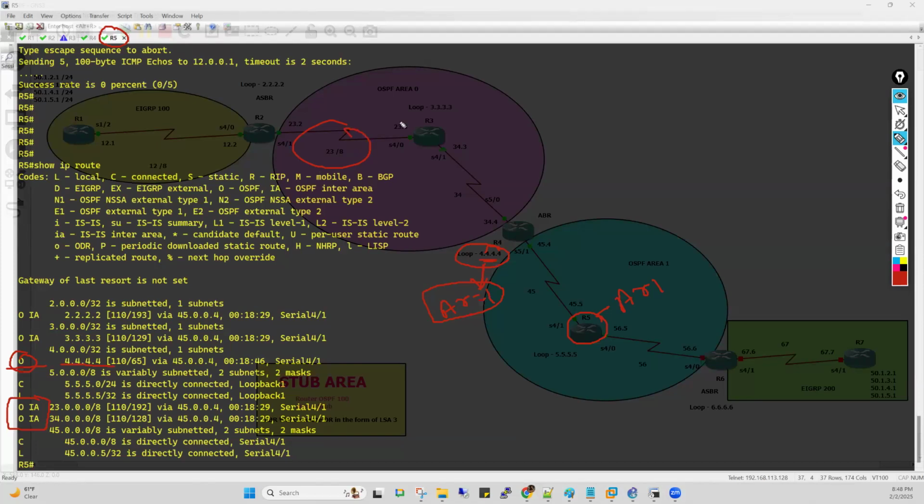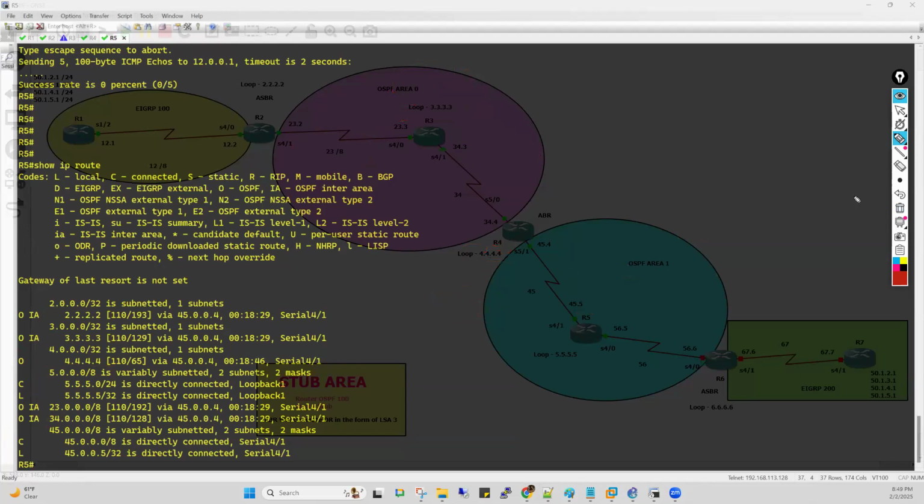This router is receiving the 23 network, and the 23 network is the part of which area? Area 0. So for this router, the 23 network is an external network. External network means different area network. Are you understanding? Yes or no? So here, this router installs this information with O IA. Clear, guys? Everyone, yes or no?